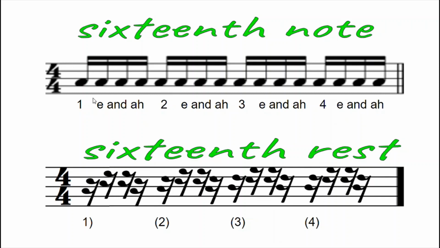So, sa one counting natin, may 1/4, 1/4, 1/4. So, apat na 1/4 is equals to 1. So, ang pagbasa natin dito ay 1 e and a, 2 e and a, 3 e and a, 4 e and a.